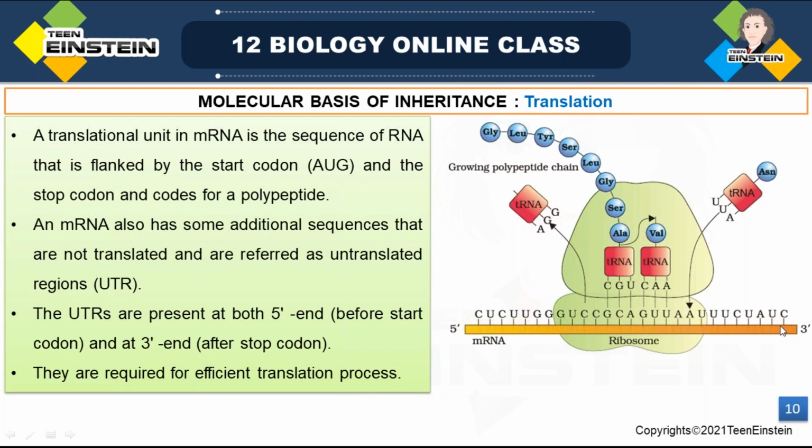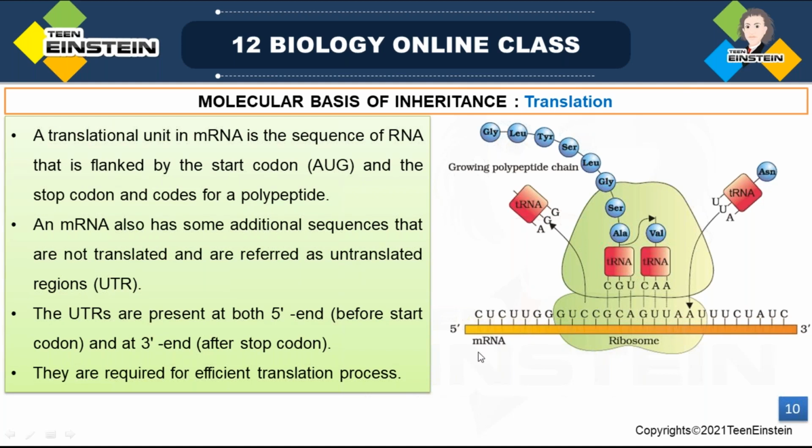Stop codon means the process gets stopped, so what is present after it won't get translated. Before the start codon, the UTR is present, because translation starts from the start codon only. So that portion is not getting translated.